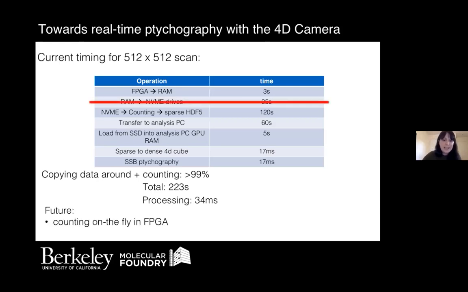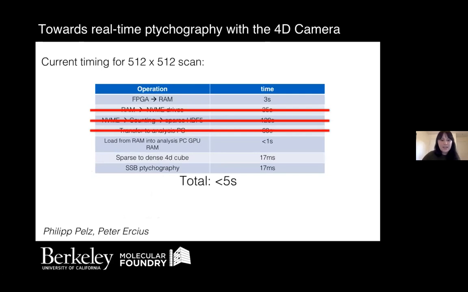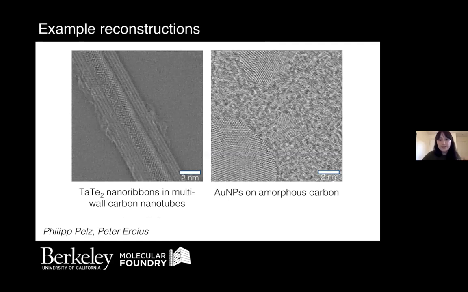So if we didn't need to count separately, if we could just do this on our FPGA modules, we would save a lot of time. And if we could actually put the GPU on the data receiver PC after that, then we could get down to about 5 seconds from 150 gigabyte scan to beautiful images that look like this.